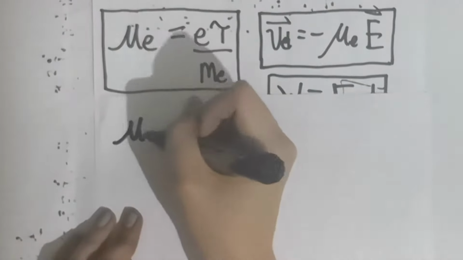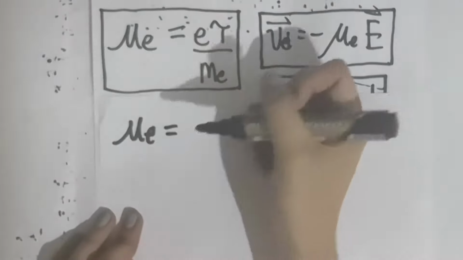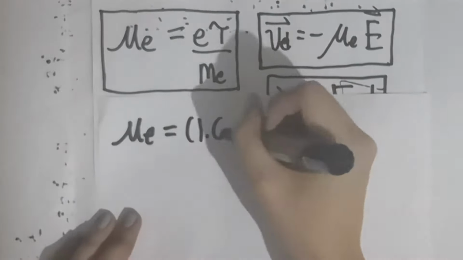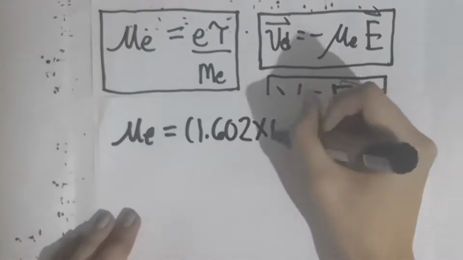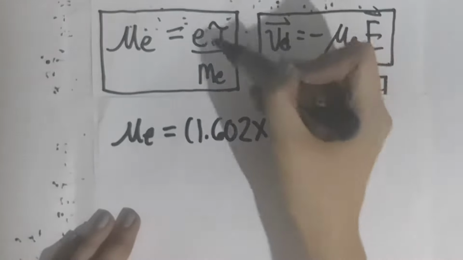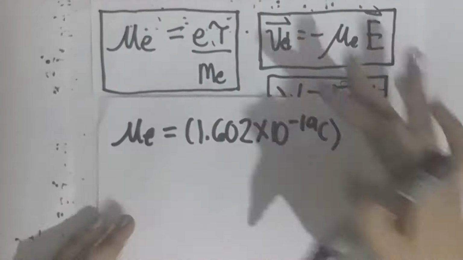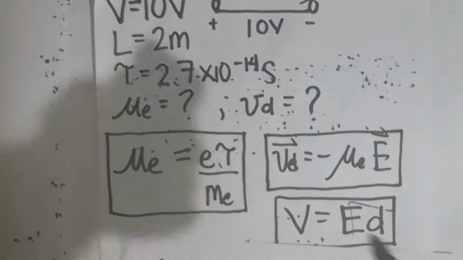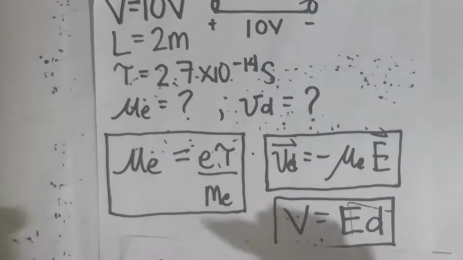So the electron mobility is e, which is the charge of the electron, 1.602 times 10 to the negative 19 coulombs, times tau, which is the mean time between collisions, that is given to be 2.7 times 10 to the negative 14 seconds.